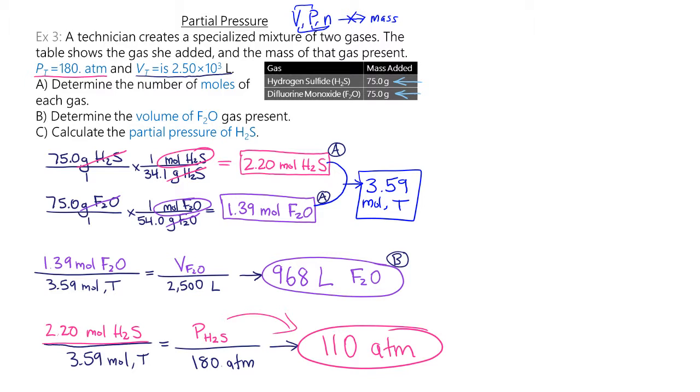Just one more thing to help us round out the concepts here. If you were asked for the percentage of each gas, which are compounds, of the total system, then you would just do 2.20 divided by 3.59, and in effect we find that this system is 61.3% hydrogen sulfide by volume and by pressure and by moles, and the system is 38.7% difluorine monoxide by volume, by pressure, and by moles.